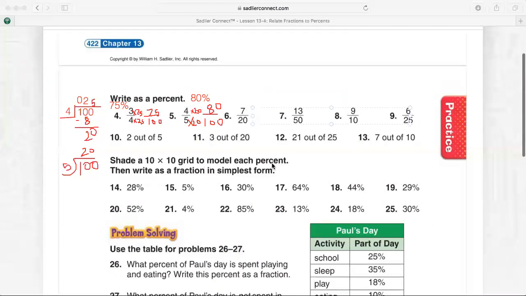Here, 20. With 20 also, I cannot write the percent easily. So what I'm going to do, I'm going to divide 100 by 20.